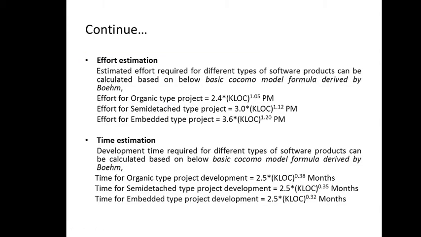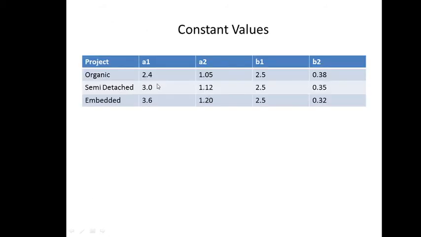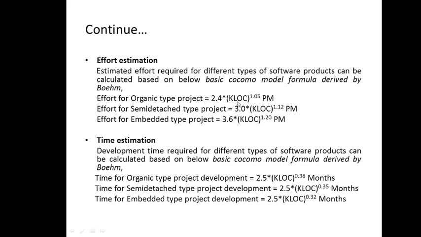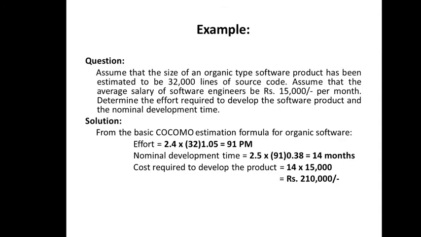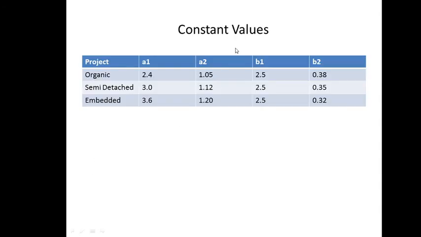Now we go for effort estimation, the first step, right? So directly I would come up to these lines. If it is an organic type project, the expression of effort will be A1, the value of A1 was 2.4, times kilo lines of code, whatever is given in the question or you estimated, raised to A2, which is 1.05.